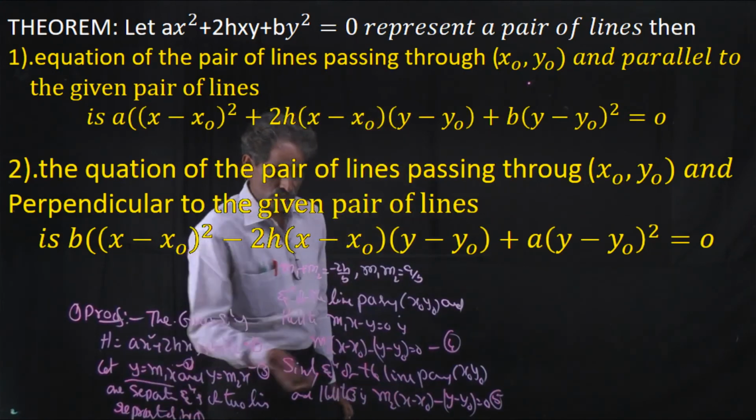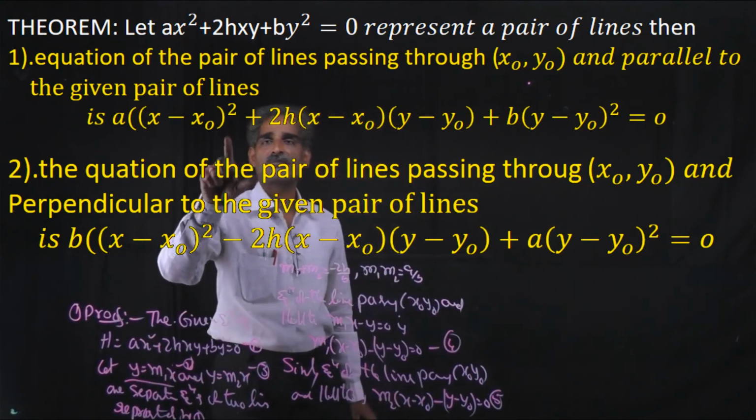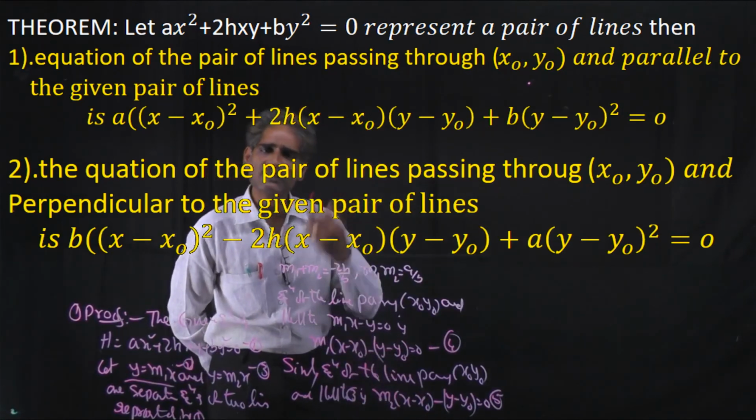We have to prove that the combined equation of these two is nothing but this one, a(x - x0)² and so on. Just multiplying these two, we will get this one.